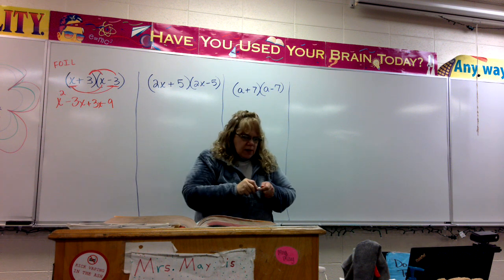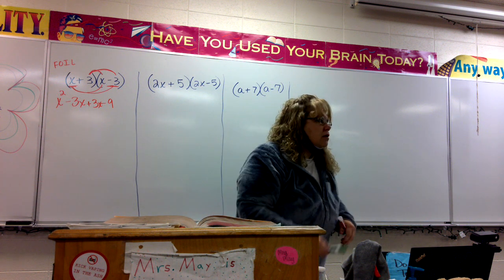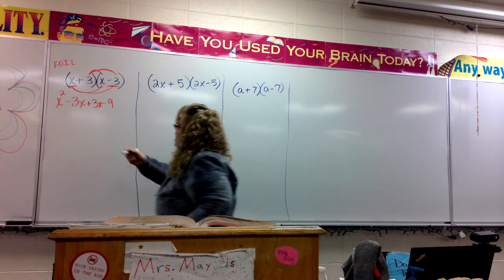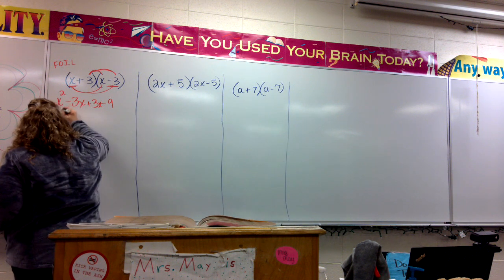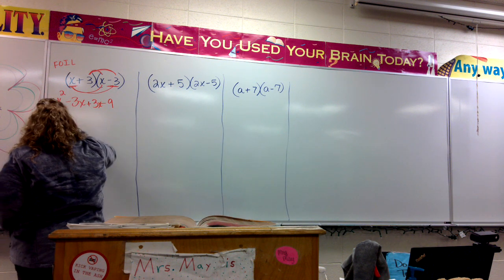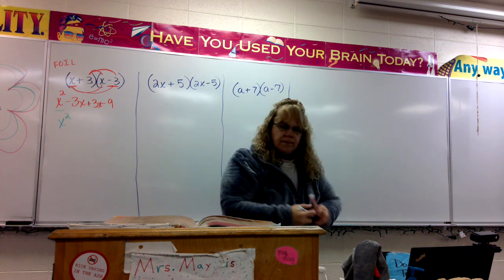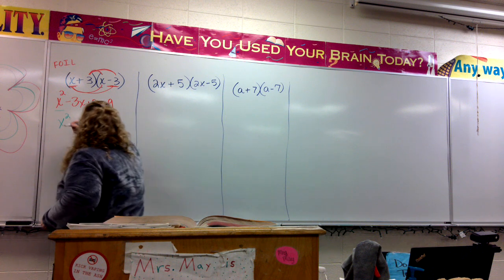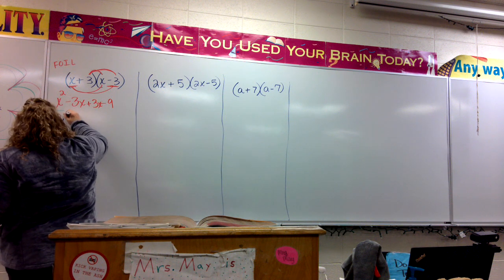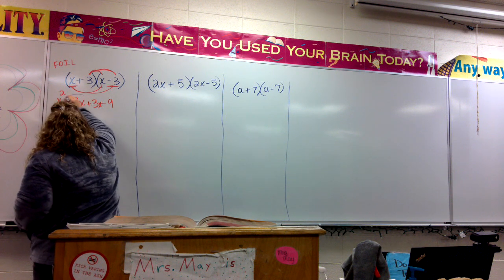And if you simplify that, do I have any other X squareds? No, that one stays. I don't like this color, it's too hard to see. So X squared, that takes care of that one. What about these?